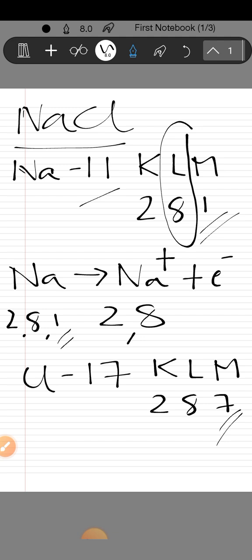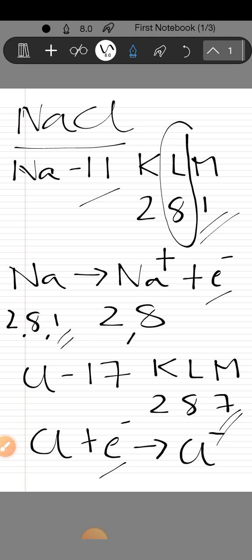Okay, so if I have to write for chlorine, chlorine plus one electron, because it is accepting one electron. So always remember students, after the arrow mark, if there's any electron, it means that it has donated, and before the arrow mark, if there are any electrons, it means that it has accepted. So chlorine will accept one electron to become Cl minus.